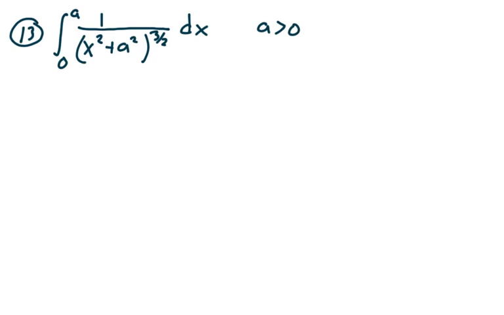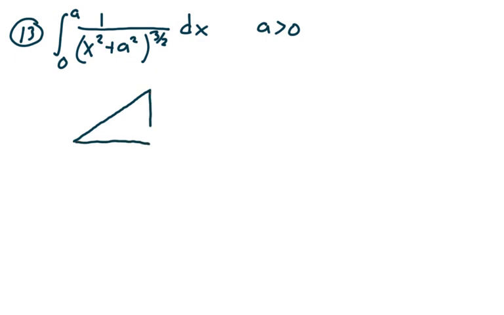Suppose I had the integral from 0 to a of 1 divided by x squared plus a squared raised to the 3/2 dx. And this is where a is positive. Okay, so let's draw a picture of a triangle here.